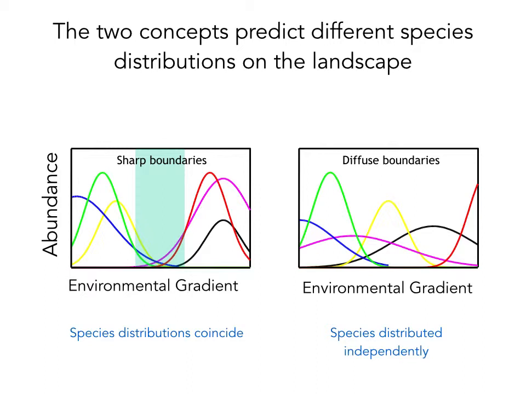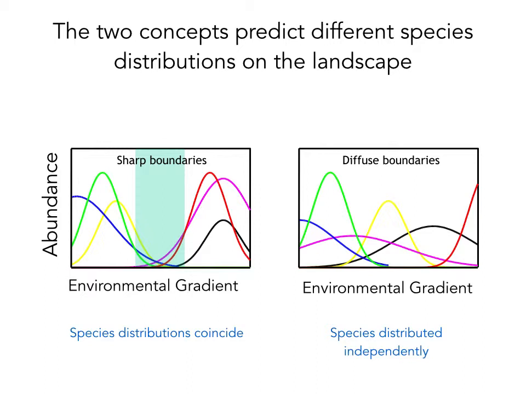So the Gleasonian idea that species have these chance associations, that the boundaries will not be sharp, and that any individual species will respond individualistically to some underlying environmental gradient, would predict this kind of distribution of species, and that the boundaries from one community to another would be very diffuse.